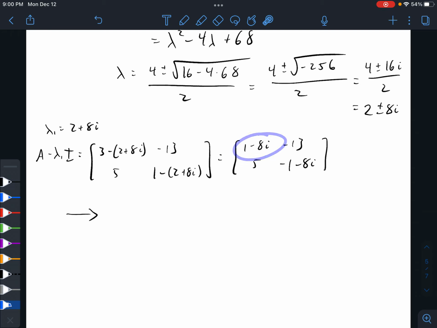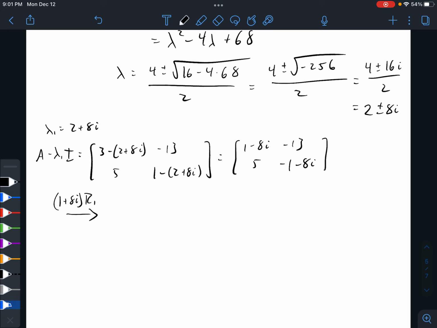Whenever you're trying to get rid of imaginary numbers here, or even square roots, it often comes down to the trick of multiplying by the conjugate. The conjugate of a + bi is just a - bi. So just multiply that row by not 1 - 8i, but 1 + 8i.